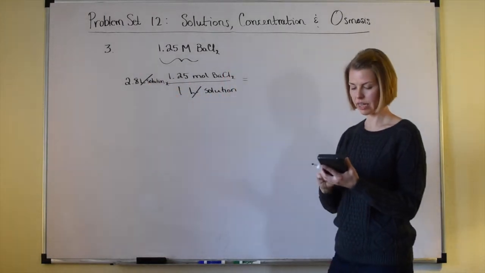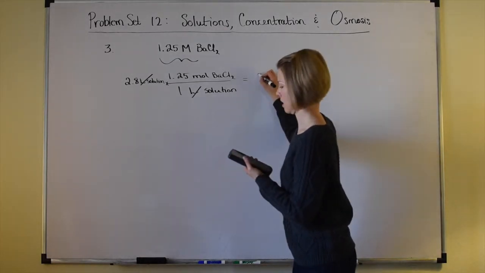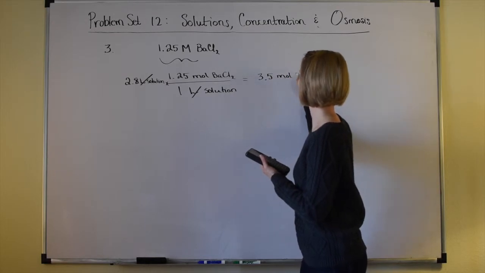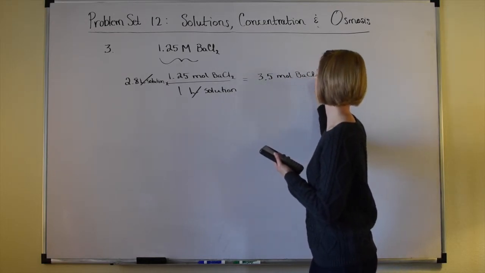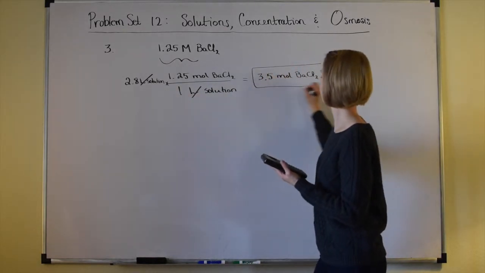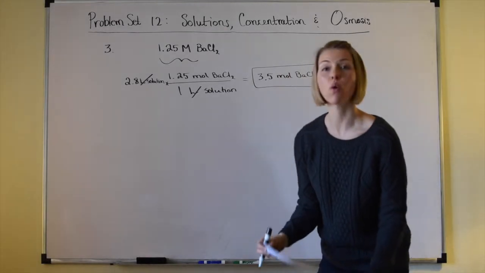So 2.8 times 1.25, we've got 3.5 moles of barium chloride in 2.8 liters of solution. Okay. All right, number 4.